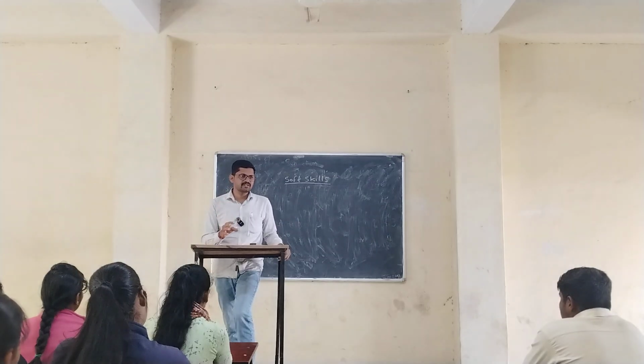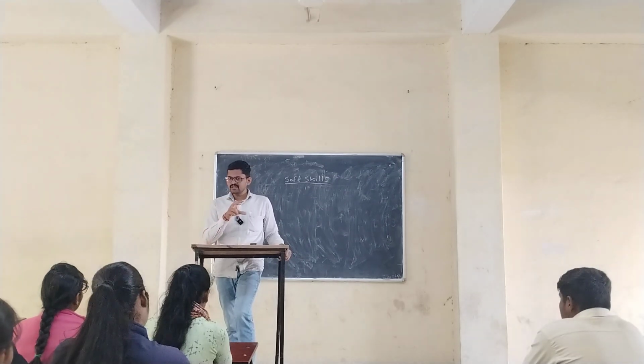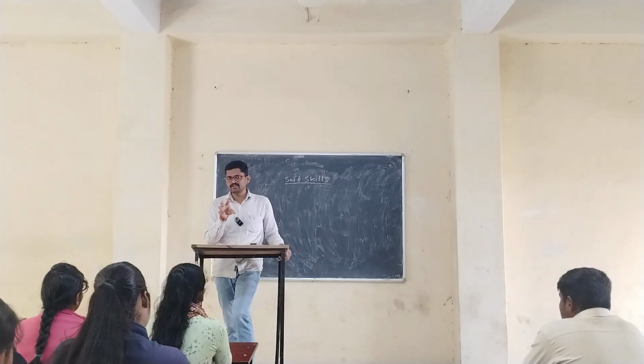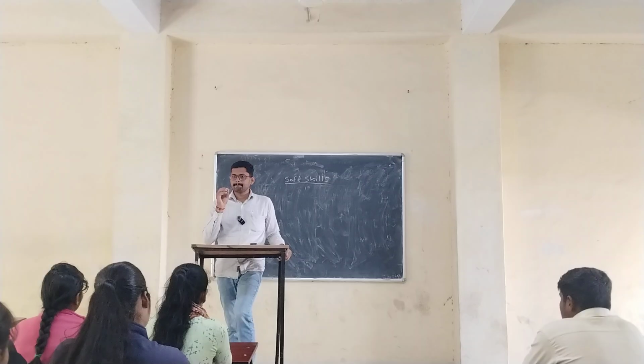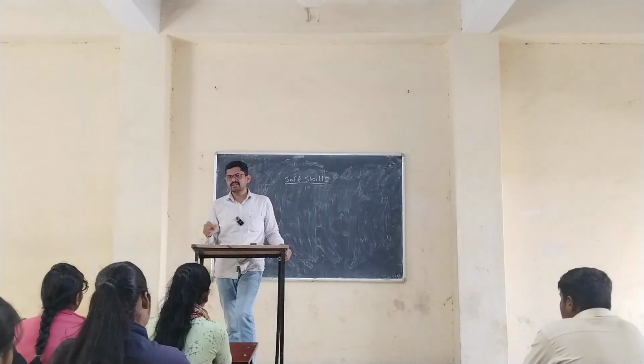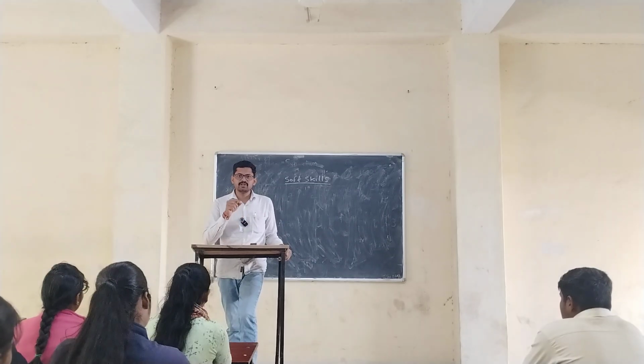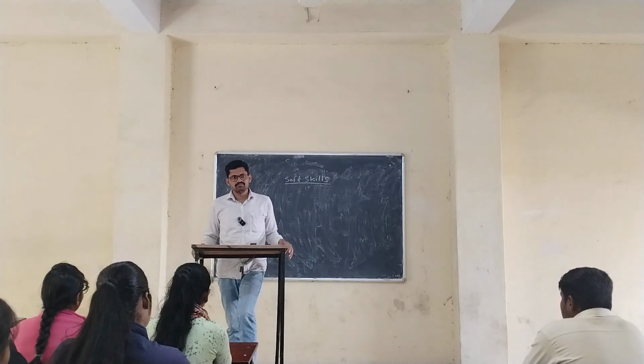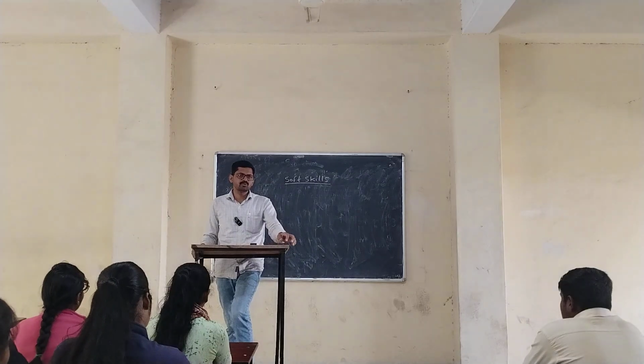For example, if you are informing somebody or complaining, everything about that complaint or that job letter is given in the main body. At the end of the letter there is a complimentary closure, like yours faithfully, yours sincerely.